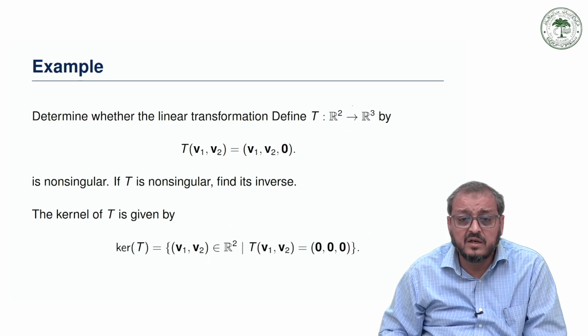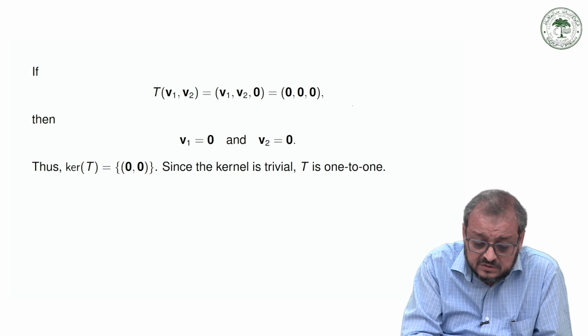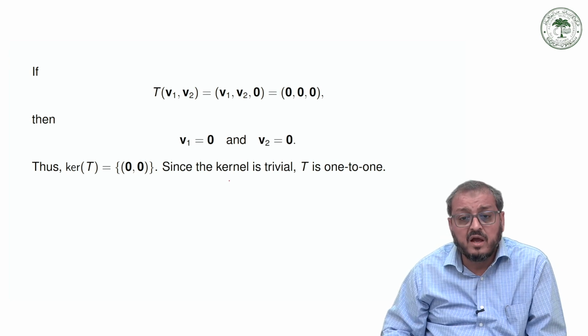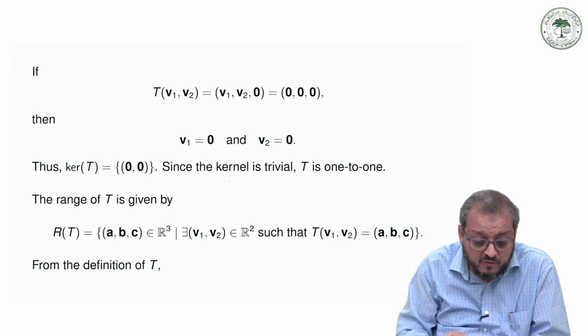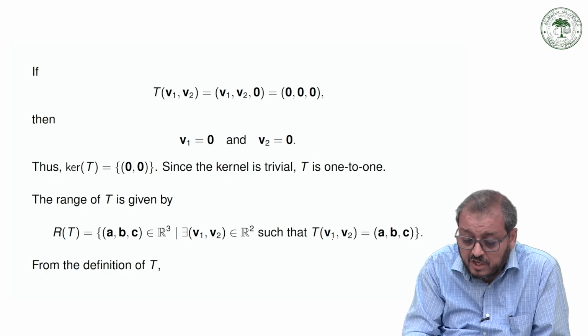So the kernel of T is trivial, so T is 1 to 1. Now we have the range of T in the form of T of (a, b, c).